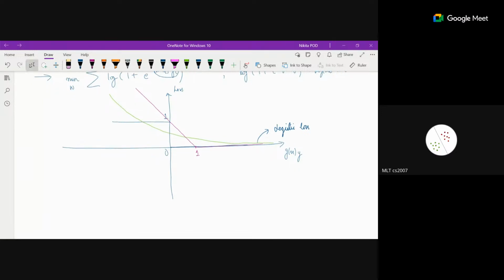So what we saw is that these can also be called surrogate functions or surrogate losses for the 0-1 loss, and they're all convex functions.